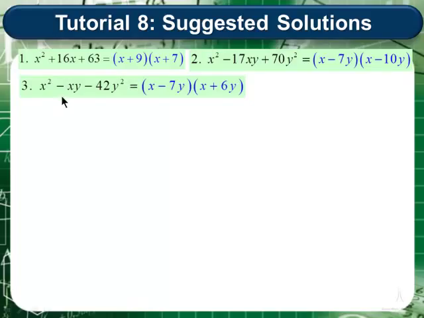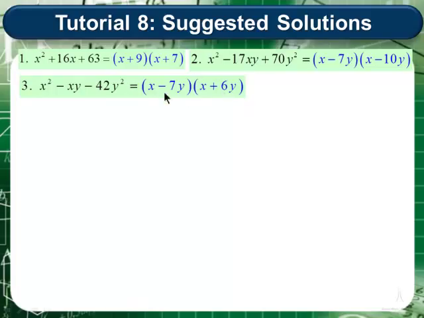Problem 3, very similar situation. Here we have, of course, a negative second term and a negative third term. And the factor combinations again, 7 times 6, 42, obviously. And since this is a negative in front of the third term, we know that the signs will be different from one factor to another between successive terms.